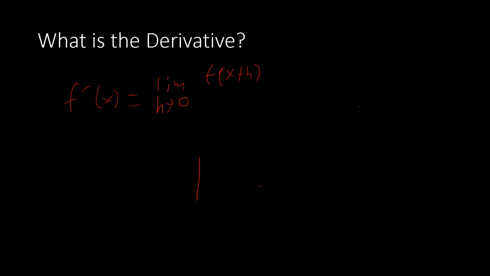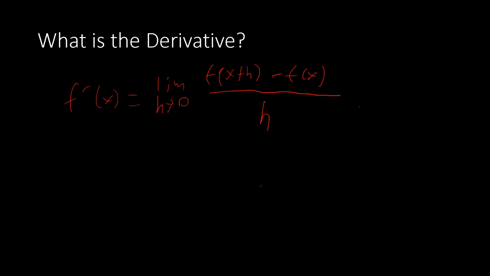So that's f of x plus a tiny amount to the right, minus f of x, of course. I'll give you a moment. Try to figure out for yourself what should go on the bottom of this quotient. Okay, that's right. We have x plus h minus x, so on the bottom, it's going to be just h.